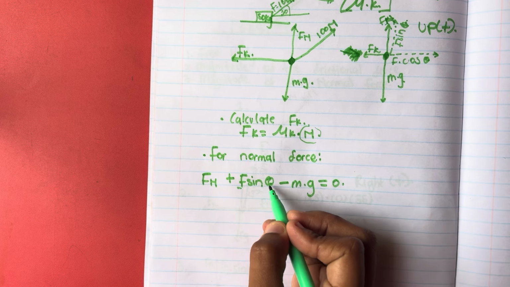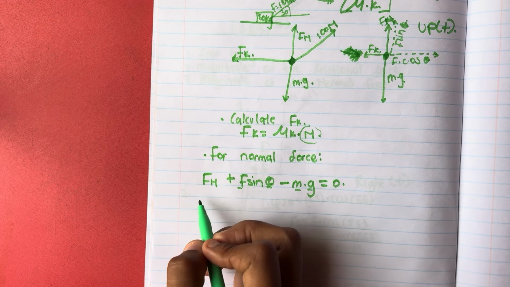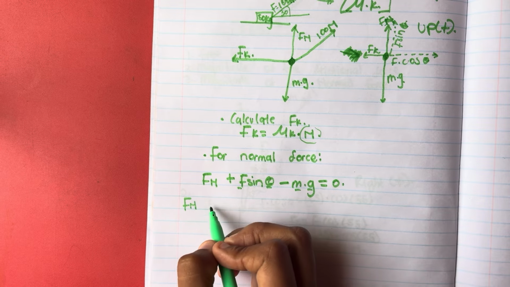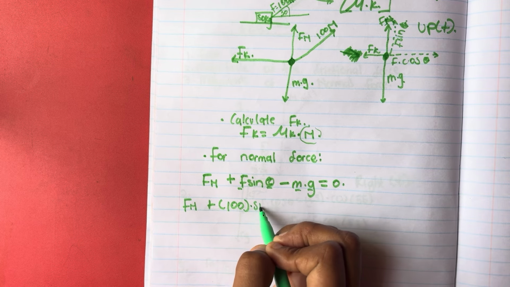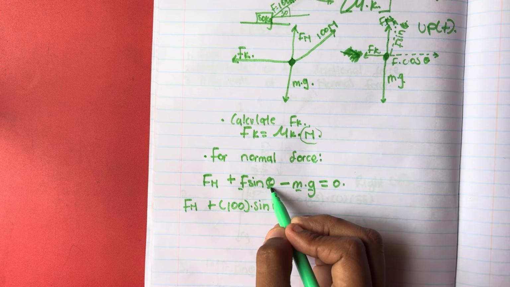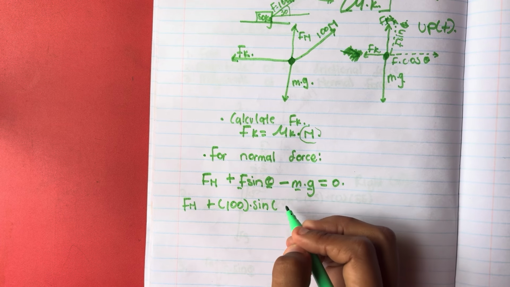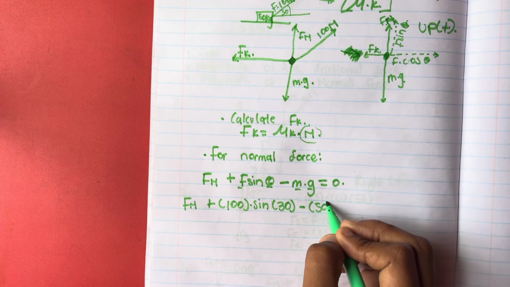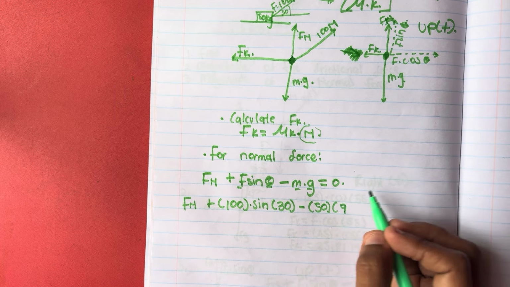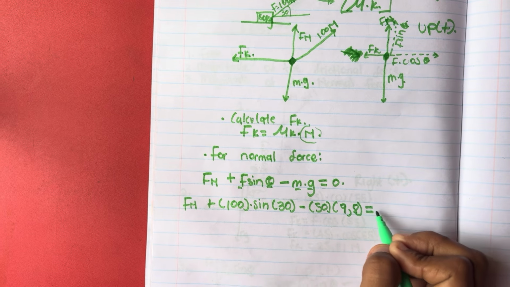Now let's substitute them because we know these, right? So we will have Fn plus, what is our force? It's 100 sine of, what is theta? 30, minus, what is our m? 50. What is our g? We all know it at this point, 9,8, equals 0.